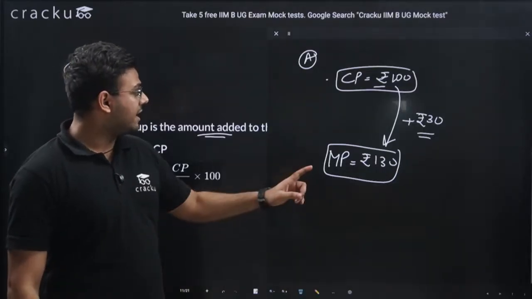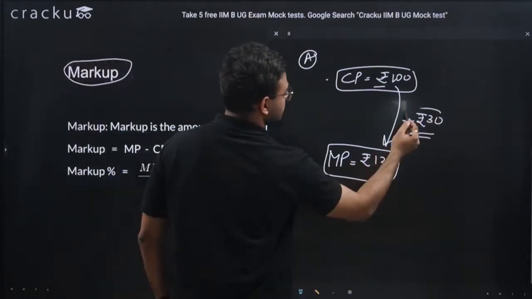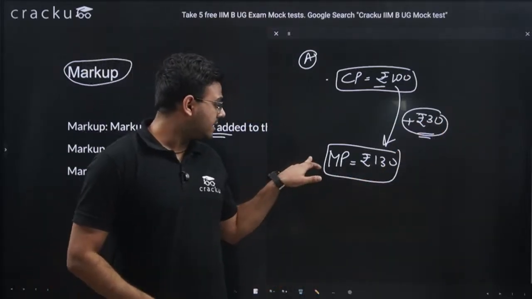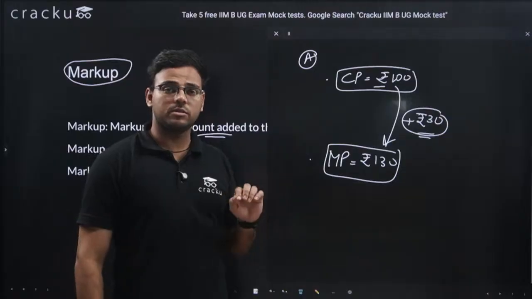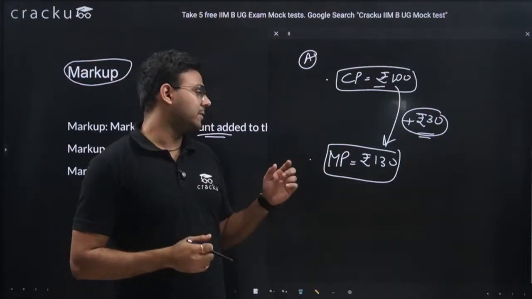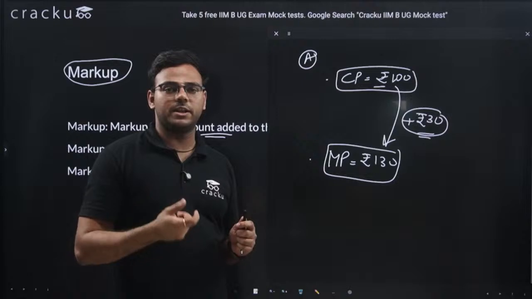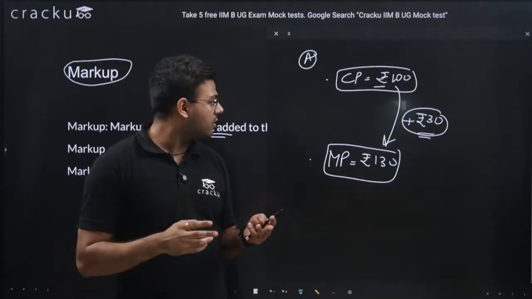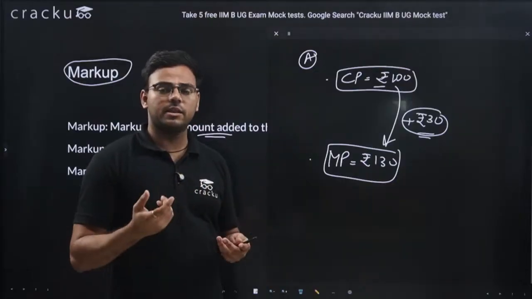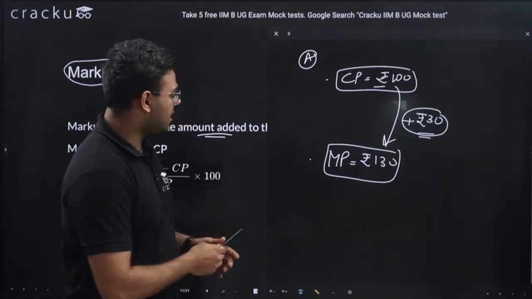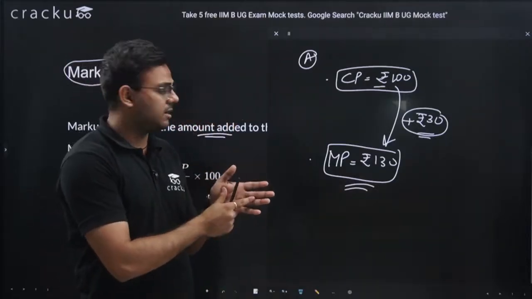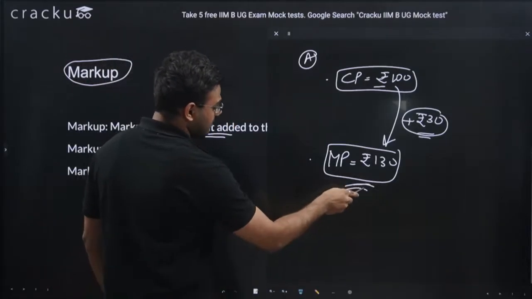Now you have increased it by rupees 30, and you'll put the label saying the mark price, the overall cost, because the companies will also think of getting their profit as well. So the transportation cost plus the logistic cost plus all other extra costs, plus they're including their profit as well. The overall price of the item is 130. So they'll put the label as 130, and this mark price will be rupees 130.